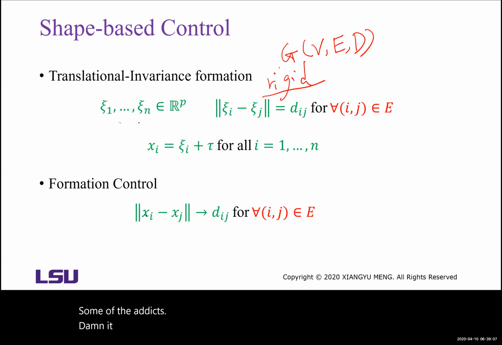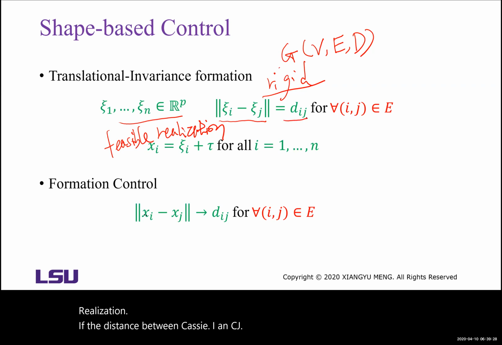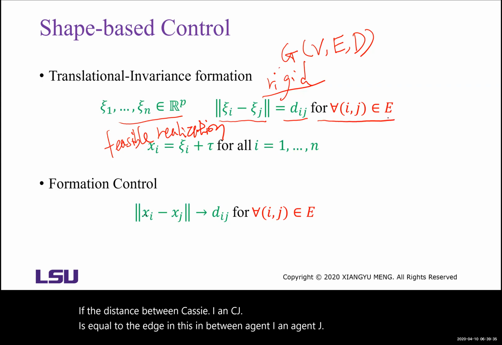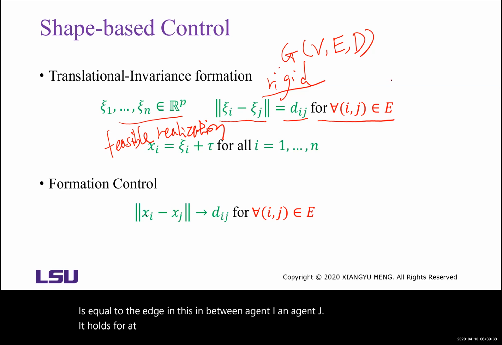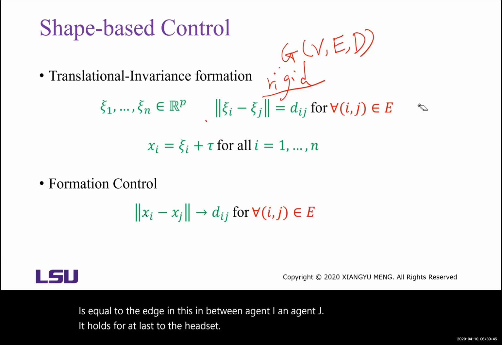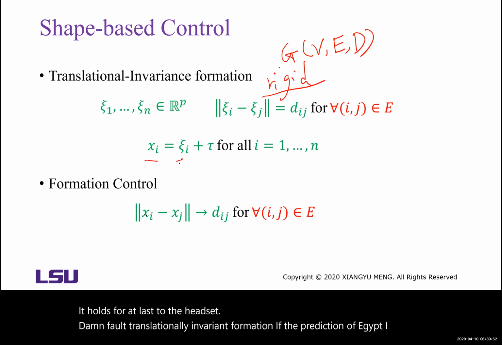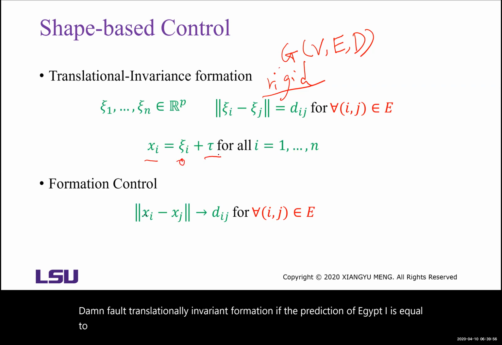Then we call c a feasible realization if the distance between ci and cj is equal to dij, the distance between agent i and agent j. It holds for every edge belonging to the edge set E. Then for translational invariance formation, the position of agent i is equal to ci plus some constant value tau.